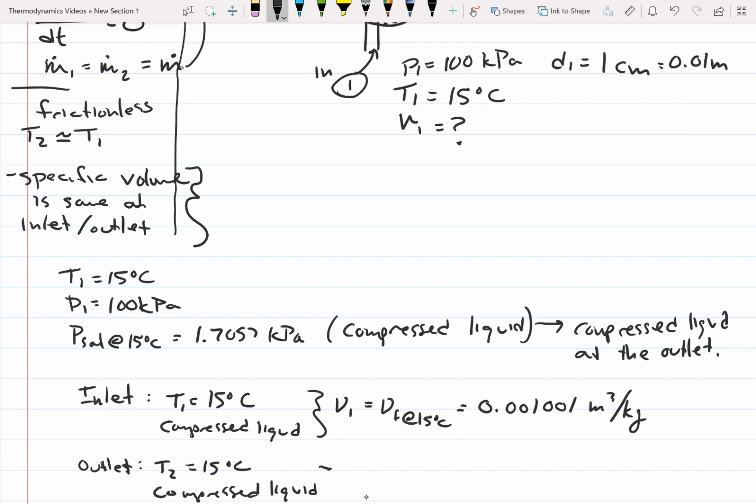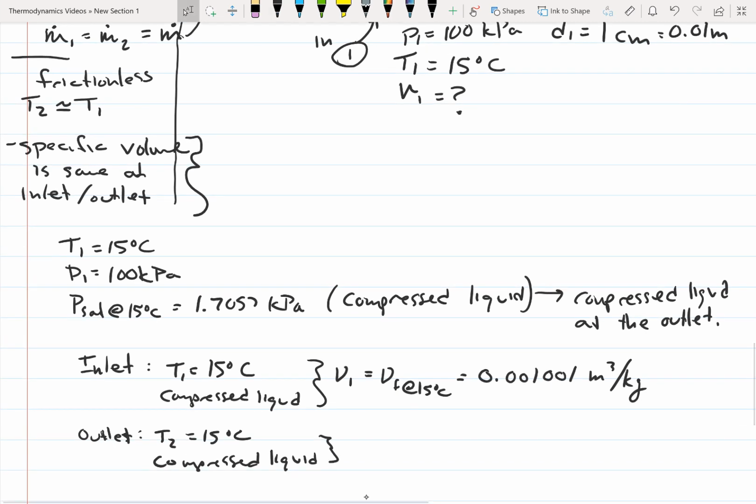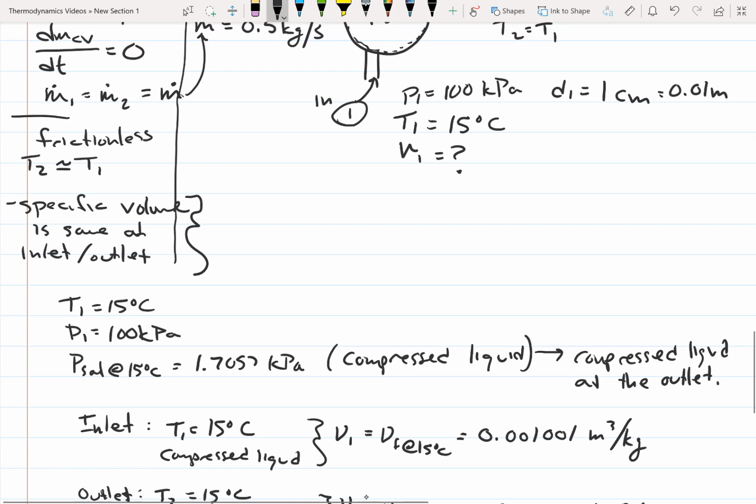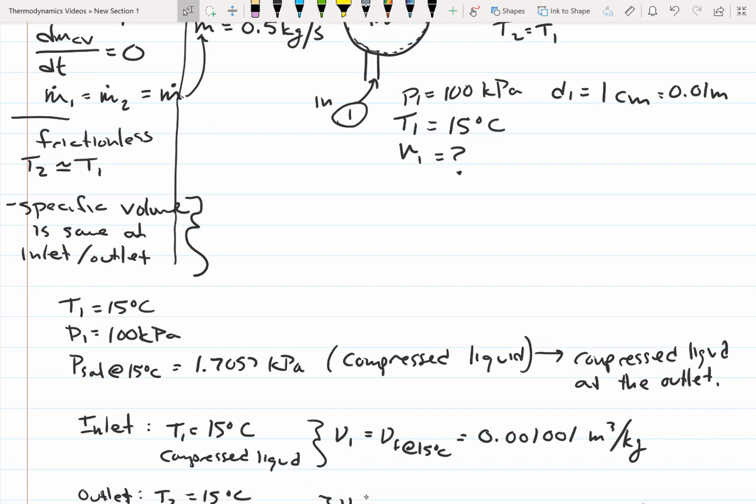We don't actually have a table available with the compressed liquid, so we're going to assume that V2 is the saturated liquid at 15 degrees Celsius, which is equal to the same thing, 0.001001 meters cubed per kilogram. So this is why we can assume that the specific volume is the same at the inlet and the outlet.